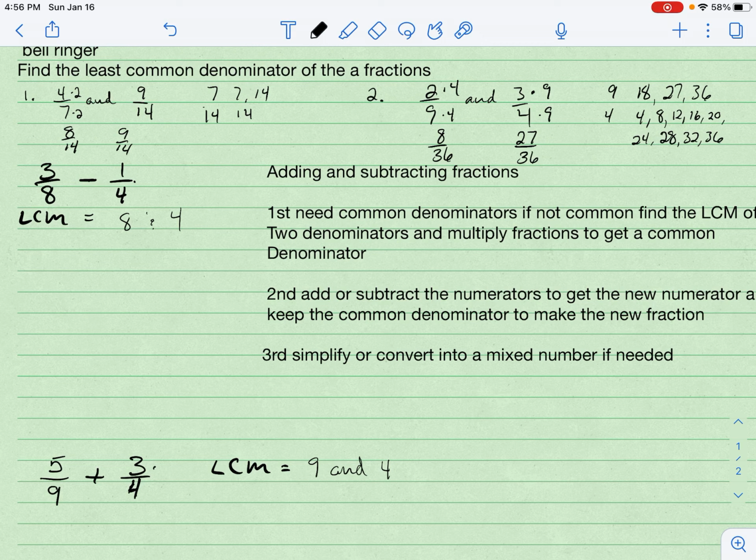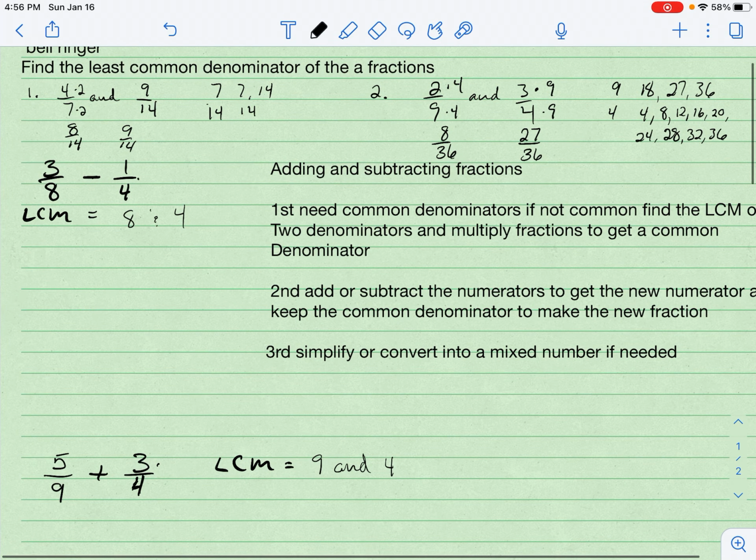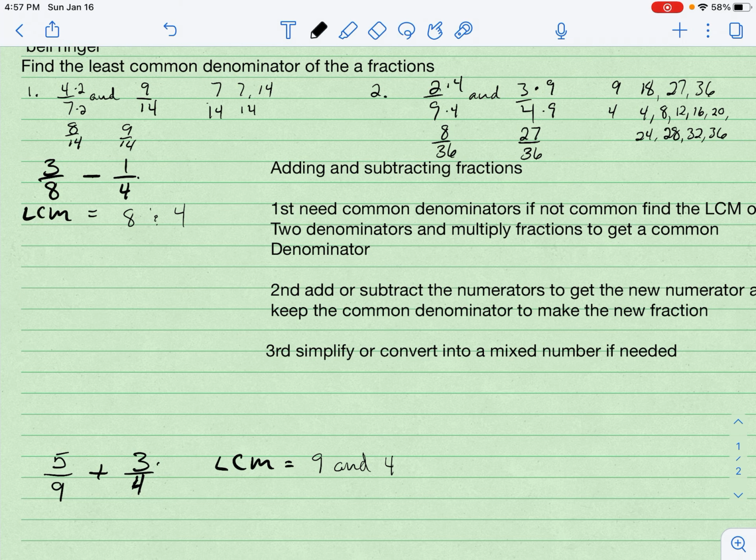So 2/9 is equivalent to 8/36 because we multiplied both the top and bottom by the same factor. Okay, then second it says add or subtract the numerators to get the new numerator and keep the common denominator to make the new fraction. Okay, third, simply convert into a mixed number if needed.